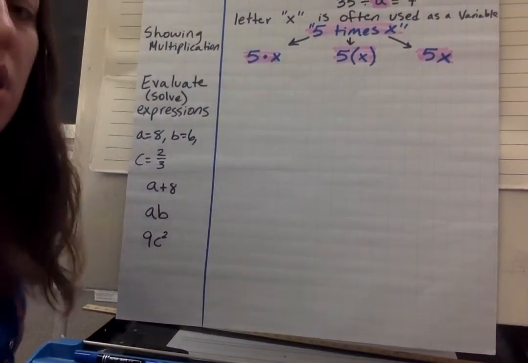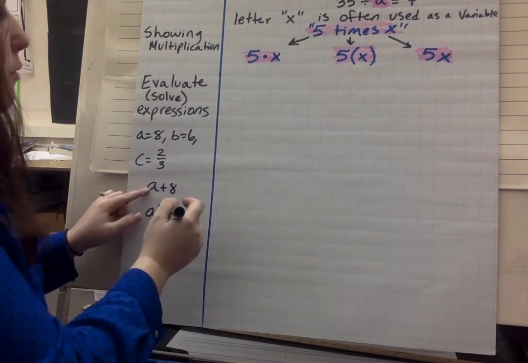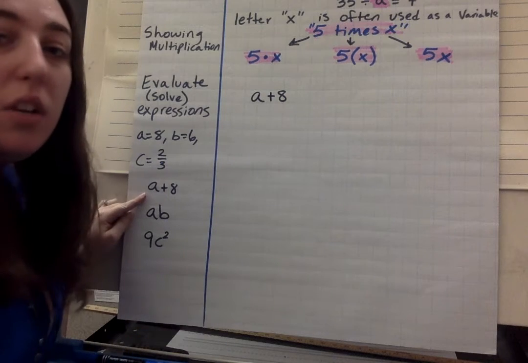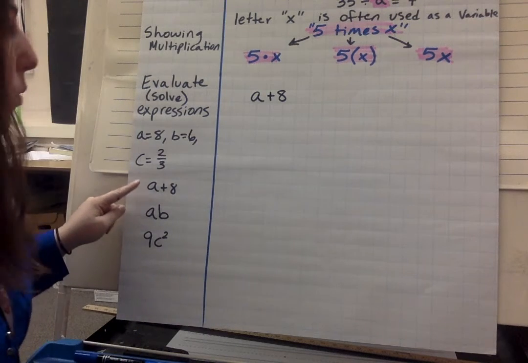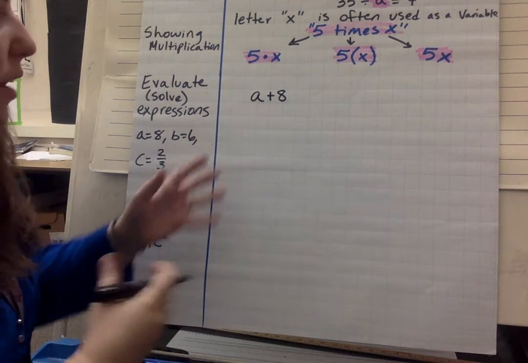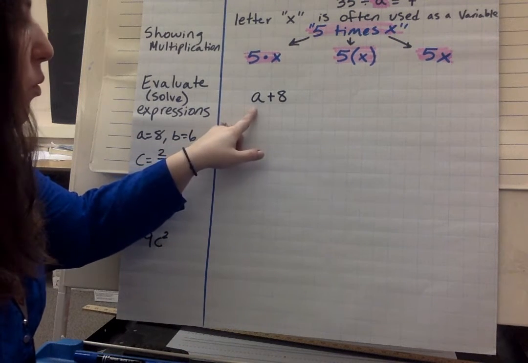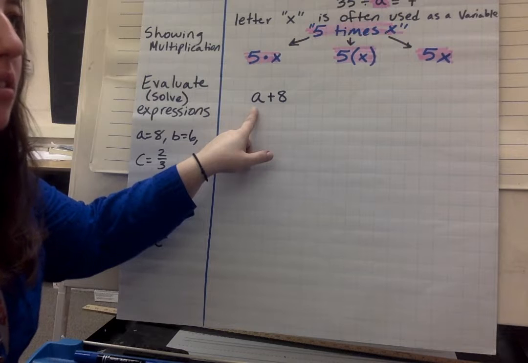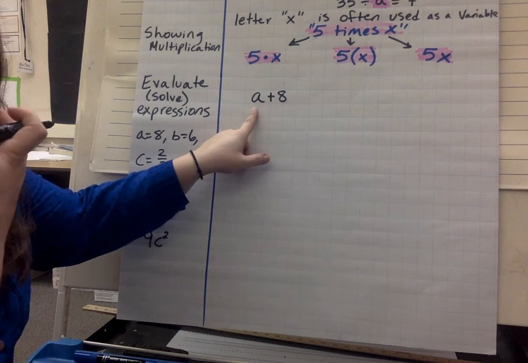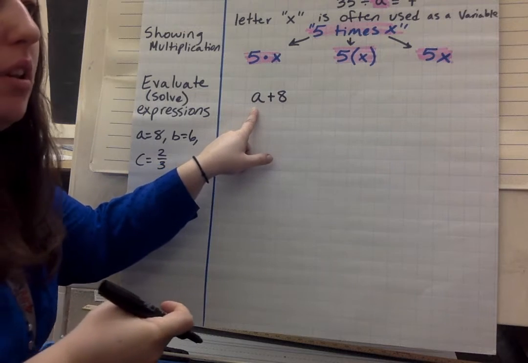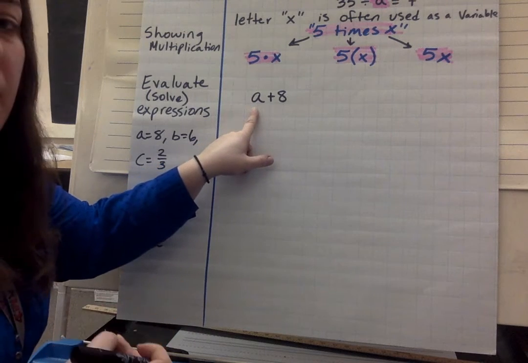Okay, so let's start with a plus 8. The first thing you need to do is copy down whatever the expression is on your paper or wherever you're doing it. And now we're going to replace, or substitute, whatever the variable is with the number.